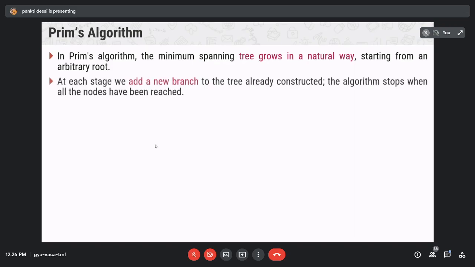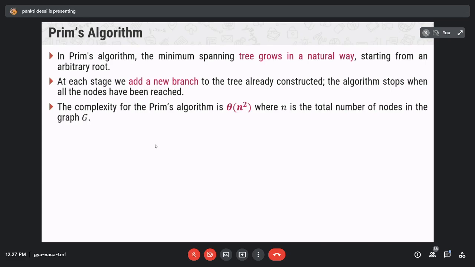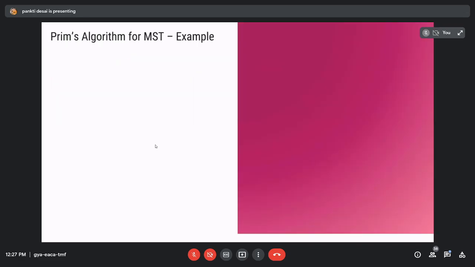At each stage we add a new branch to the tree already constructed. The algorithm stops when all the nodes have been reached. As I said, we have to select the next vertices which are adjacent to already selected vertices. And the complexity of Prim's algorithm is theta n square, where n is the total number of nodes in the graph G, right?